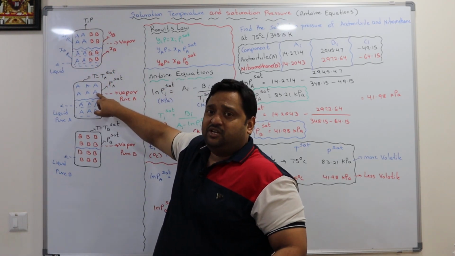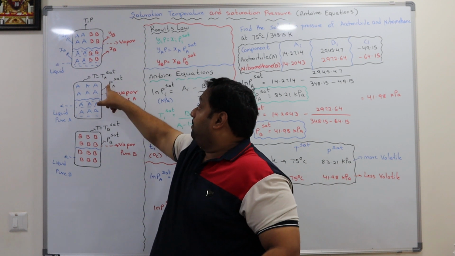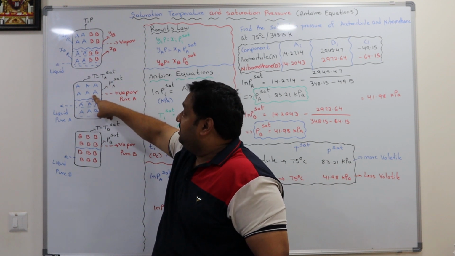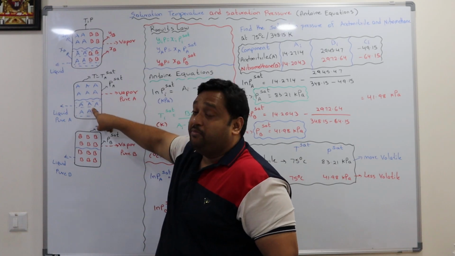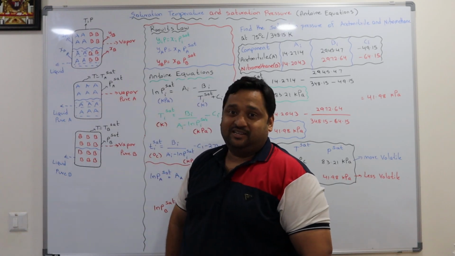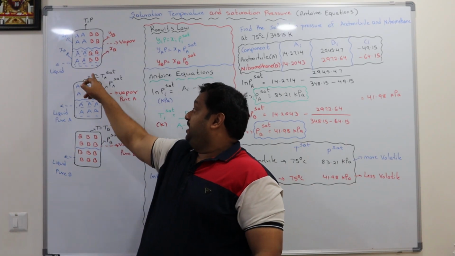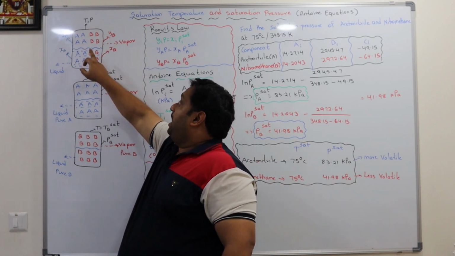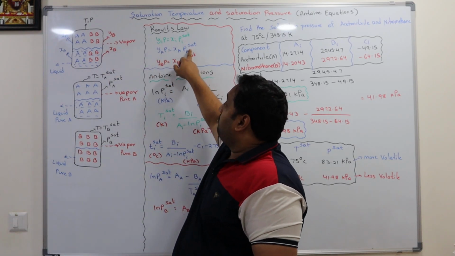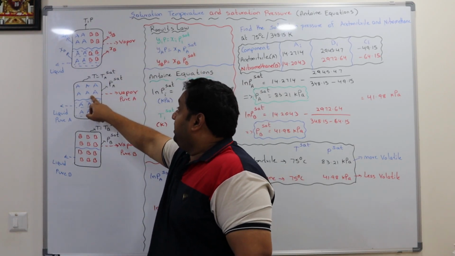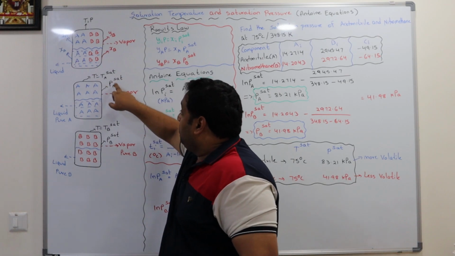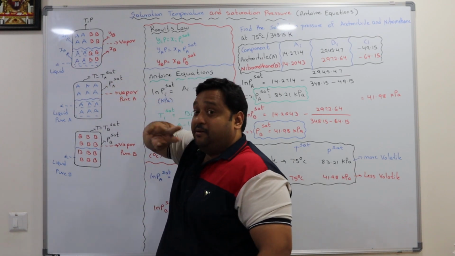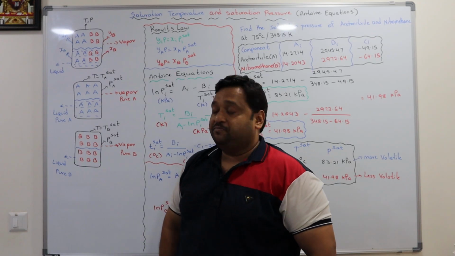The saturation pressure is the pressure at which A molecules in the vapor state will exist along with A molecules in the liquid state. Suppose we are discussing this mixture and we need the saturation pressure of A. It is nothing but the pressure of A at this temperature such that liquid and vapor both exist in a pure state.